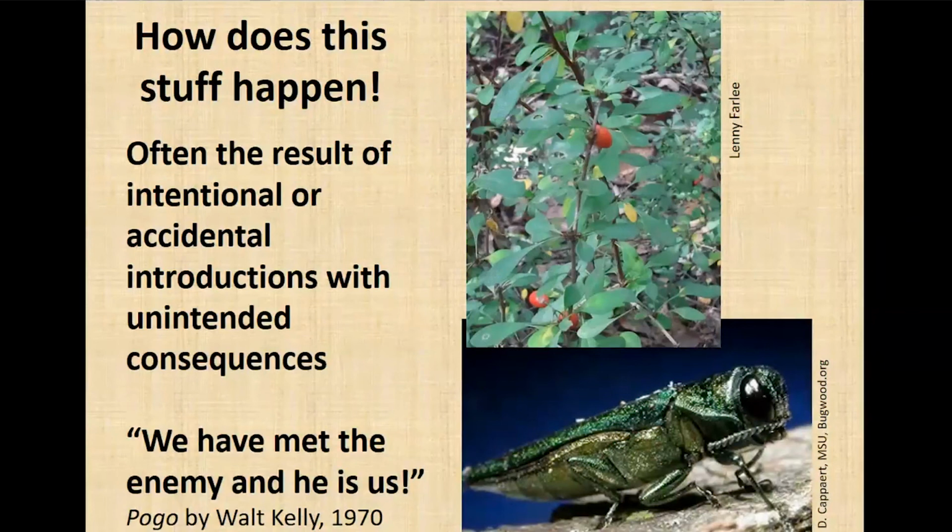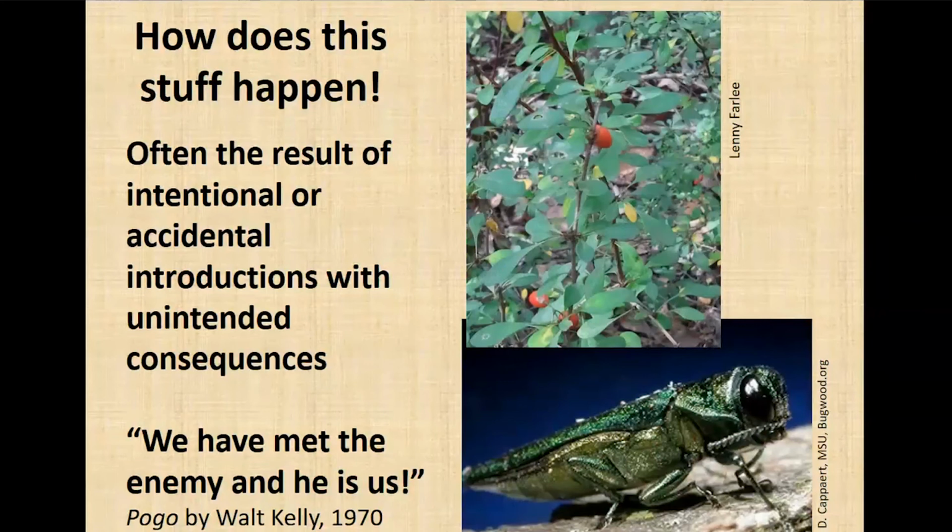Many of our invasive species in our woodlands, in terms of plants, were actually introduced as either landscaping or wildlife plants and have subsequently escaped from those intentional plantings and gotten into woodlands. In some cases, there was accidental introduction of these plants through seed or other plant materials that escaped and got into the environment and started spreading.